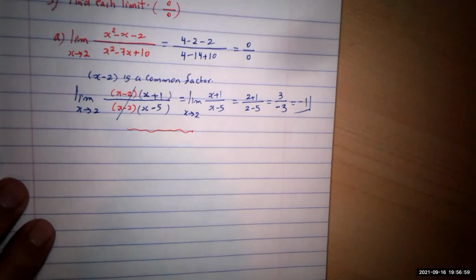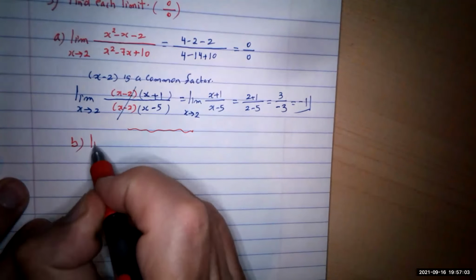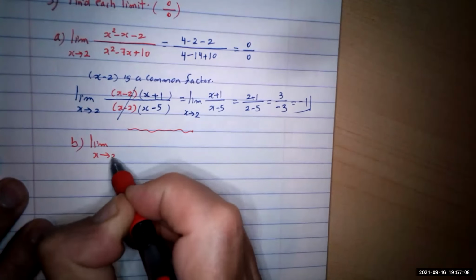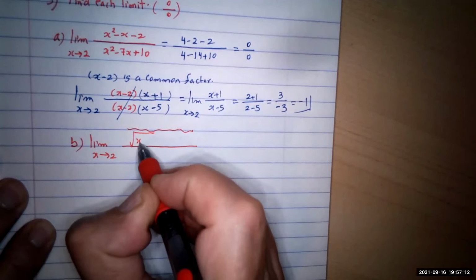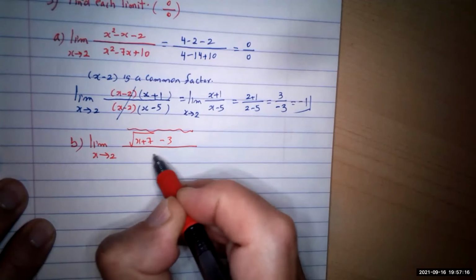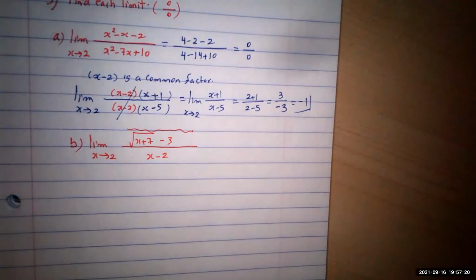We need one for the radical type, part B. Part B is the limit as x goes to 2 again, of radical x plus 7 minus 3 over x minus 2. Again, you substitute to confirm that you get 0 over 0.